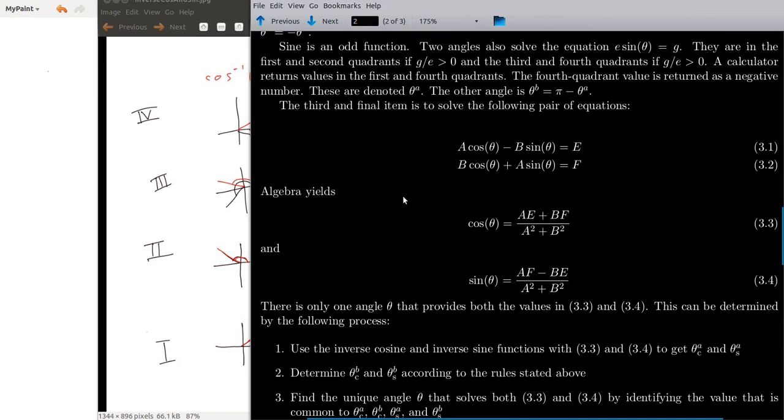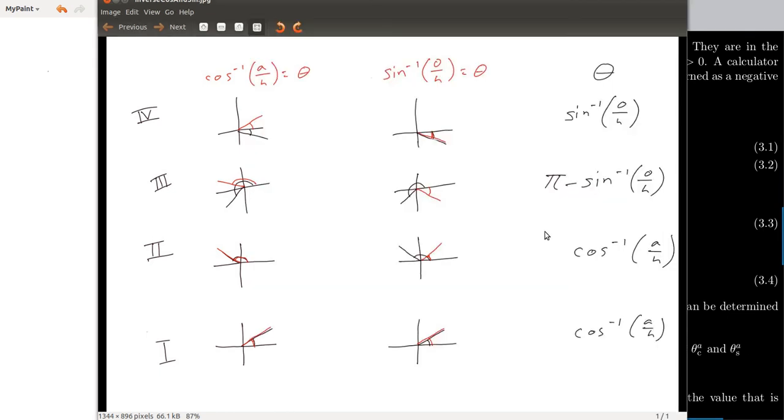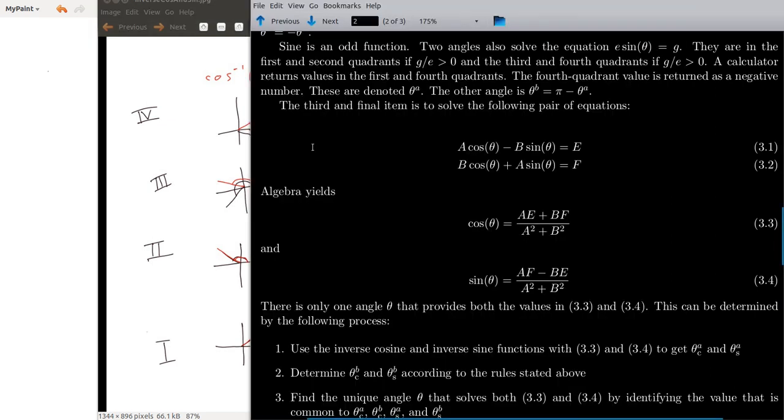We want to find out now which case that is. Okay, so cosine theta is a positive number. The calculator is going to tell you that theta is in the first quadrant, whether or not it's in the first or the fourth. See, the red line is what the calculator tells you. So it tells you it's in the first quadrant. Sine theta is a negative number.